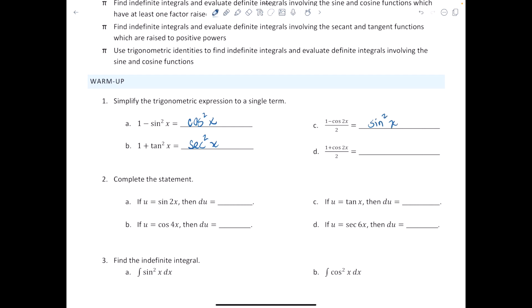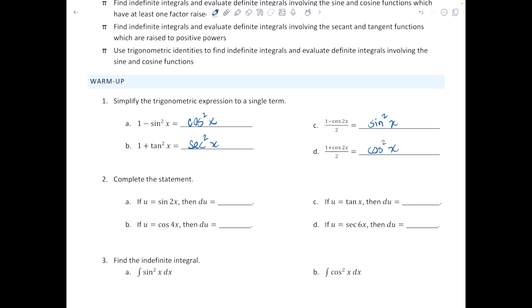That's one of the power reducing formulas. And then 1 plus cosine at 2x over 2 is cosine squared at x. So we often will use them going the other direction, especially in this lecture, but keep in mind anything with an equal sign goes both directions.